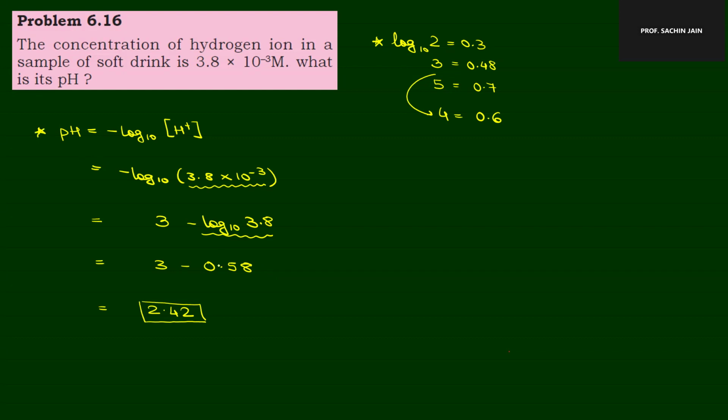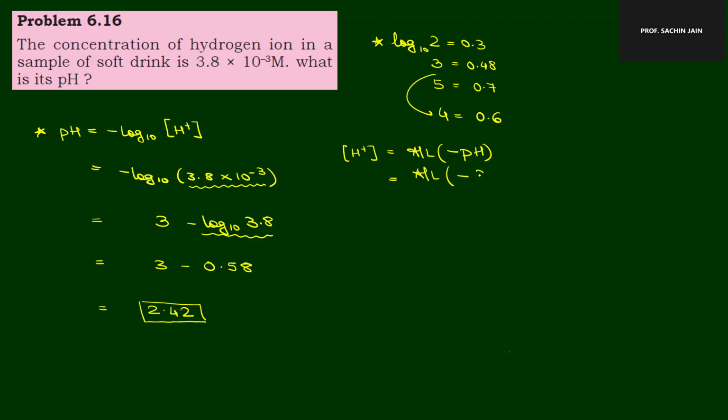अब रिवर्स में if you are asked to find the H plus and pH is given, then the H plus concentration is found by taking antilog of negative pH. तो of course अगर ये 2.42 वैल्यू लूं So I should get the answer as 3.8 into 10 raised to minus 3. ठीक है, तो इसको कैसे solve करना है?